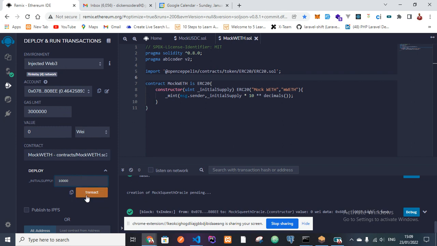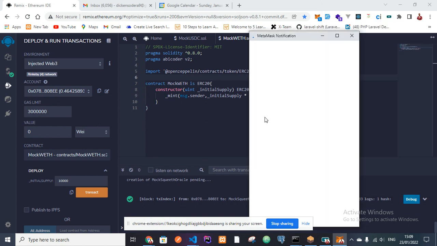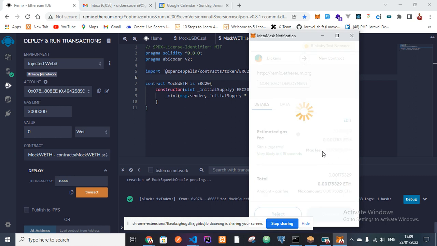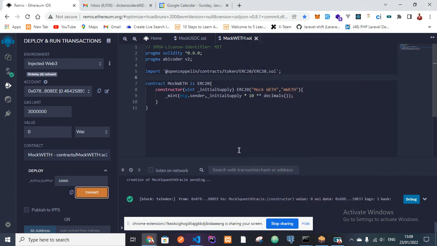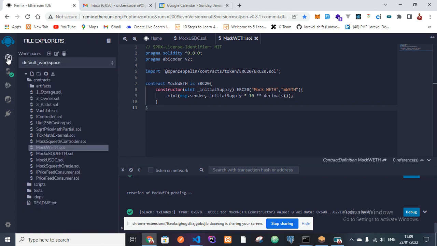So I'm using MetaMask injected Web3. So that's a success. Let's also deploy mock scale trade ETH.